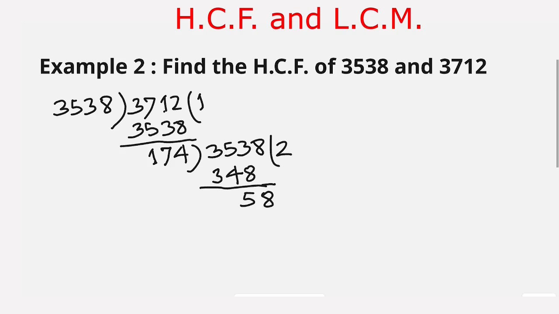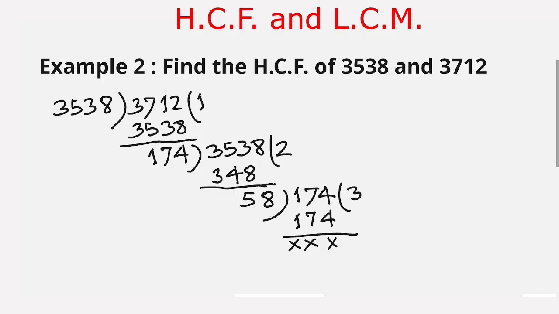Now we divide 174 by this remainder 58. And 58 divides 174 for 3 times. 8 times 3 is 24. We carry 2. 5 times 3 is 15 plus 2 is 17. So 58 completely divides 174 for 3 times, and the final remainder is 0.